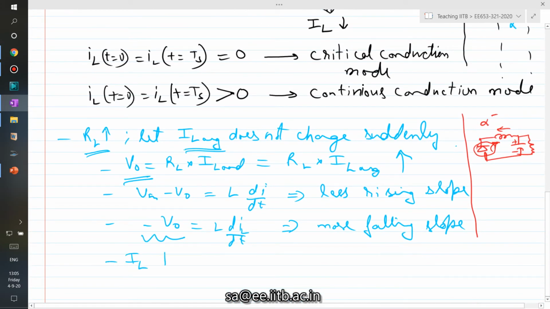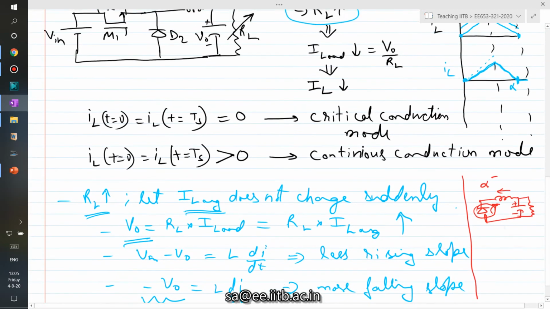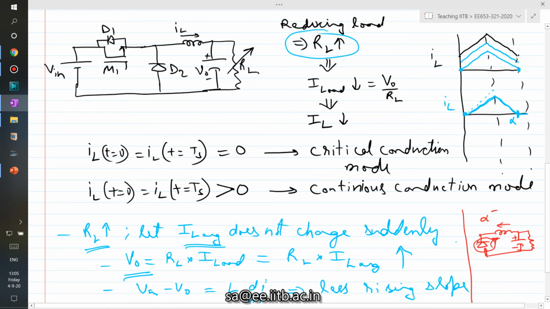Right? So what happens in discontinuous conduction mode? Current would rise, it will fall, it will come back to zero before the end of time period, and then it will remain zero, and then again in the next cycle it will start, and so on. Right? It will continue, it will repeat itself.